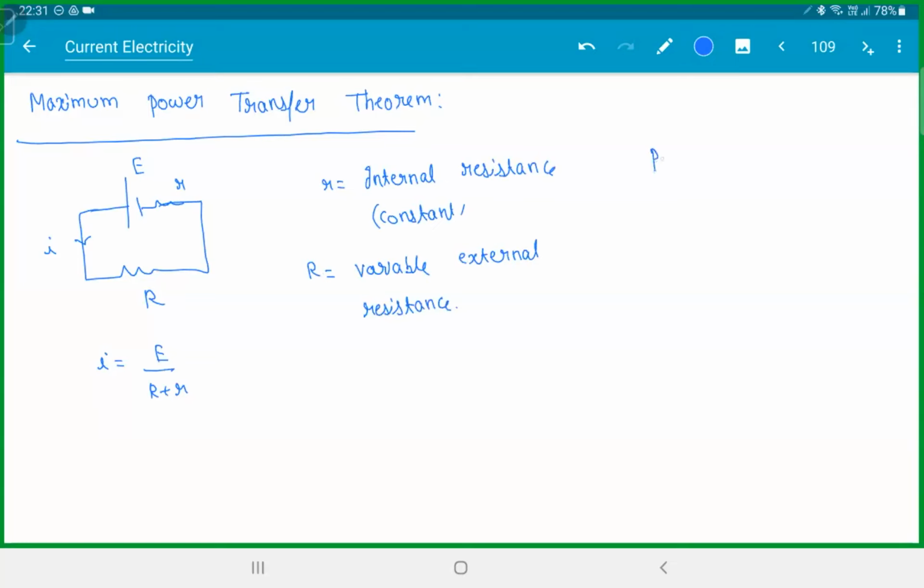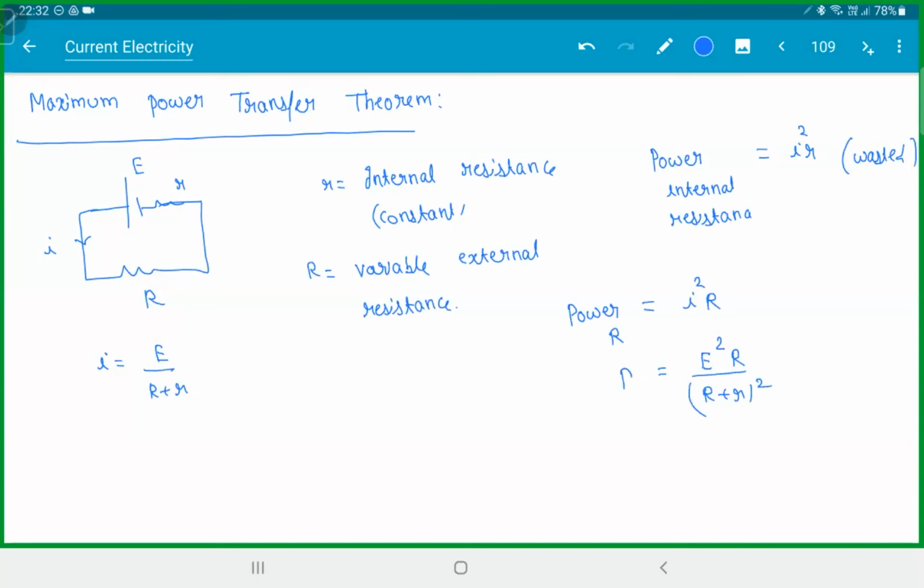The problem is that the power in the internal resistance, I square into small r, is wasted. You can't recover this. The battery gets heated and you can't use that power. The power you actually use is in the external resistance, I square capital R. This could be your heater, fan, or bulb. So this is E square into R by (R plus r) whole square.